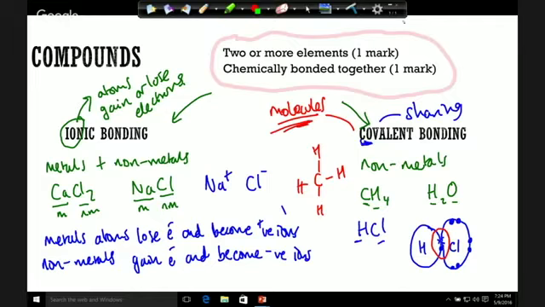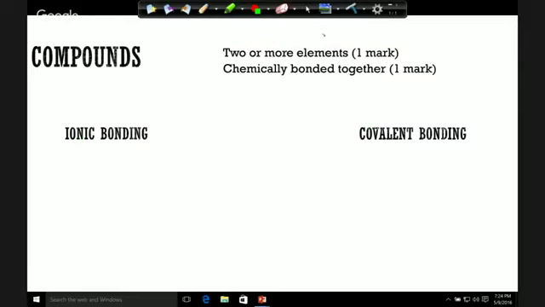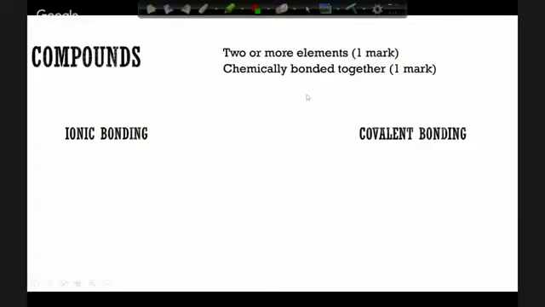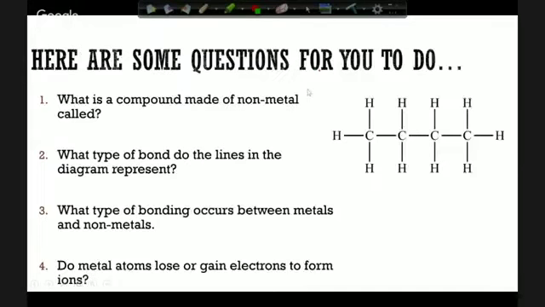Okay, so I hope you've written down this definition because this is really common, and I hope you now understand that molecules are covalently bonded compounds. Here are a few questions for you to try while I check the messages. Have a go at these and I'll come back and go through them with you in just a sec.